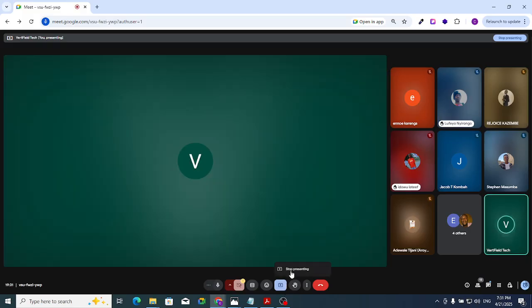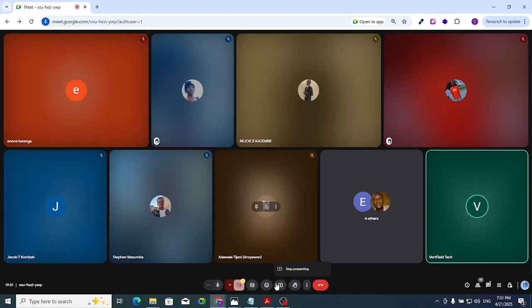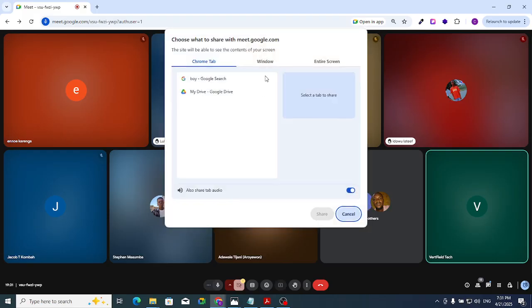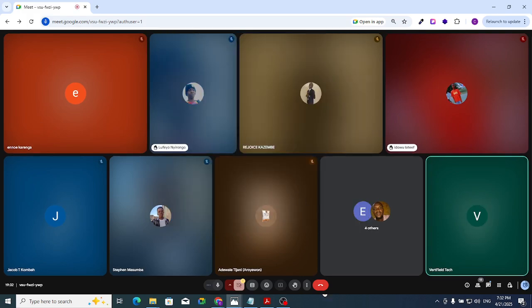So I'm sharing my screen again for the last time right now before we talk about other things. I want to show you finally on safety. This is the safety box.